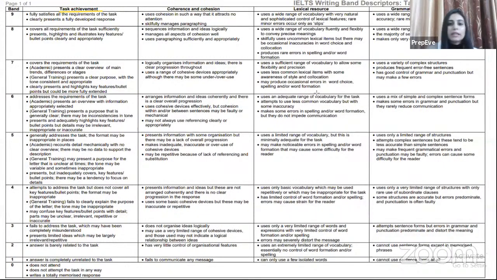Probably the question is asking about the problems that are associated with tourism, and you end up writing the advantages of tourism. In both the questions, you have talked about tourism, but in one question it was asking about the problems associated with tourism. In the other, it was asking about the advantages. And if you mess these questions up, it's definitely going to be incorrect and it would hamper your task achievement.